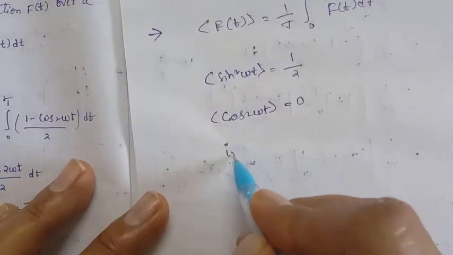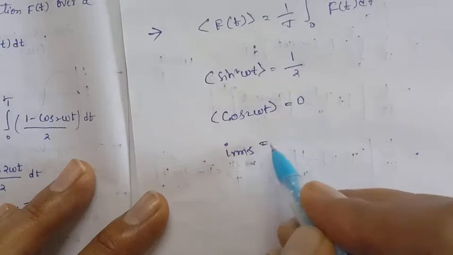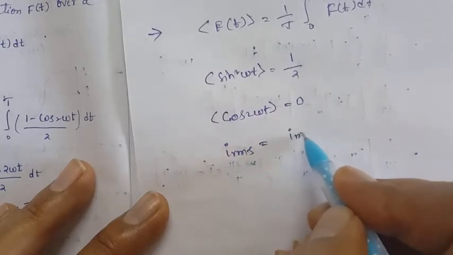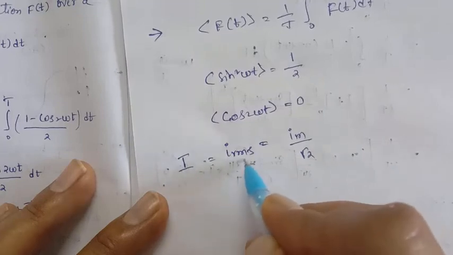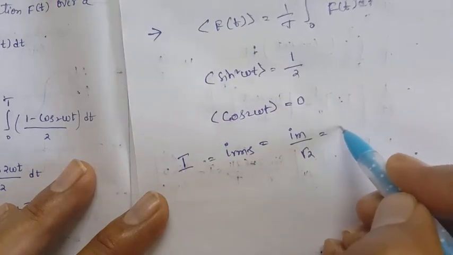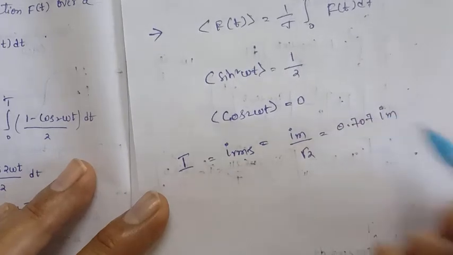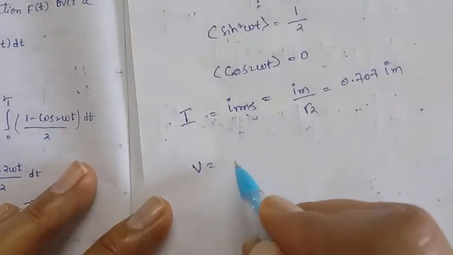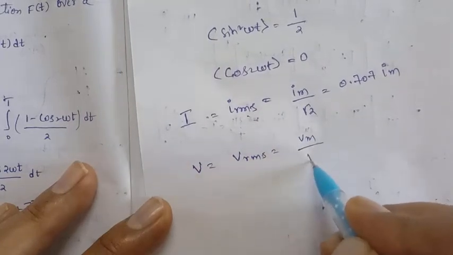And what is IRMS? Small i means the alternating current case. IRMS is equal to Im by root 2. That is, capital I is equal to IRMS, which is equal to 0.707 Im. And similarly capital V is equal to Vrms, that is equal to Vm by root 2, which is equal to 0.707 Vm.